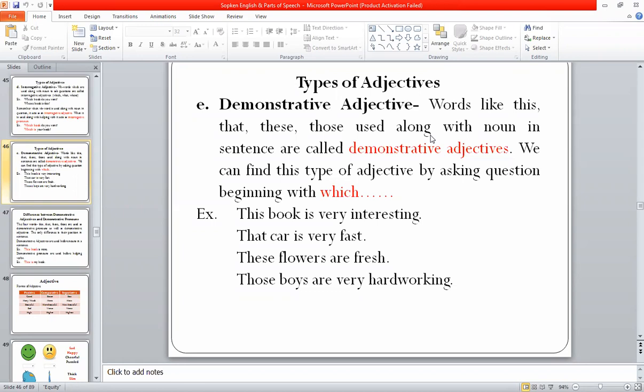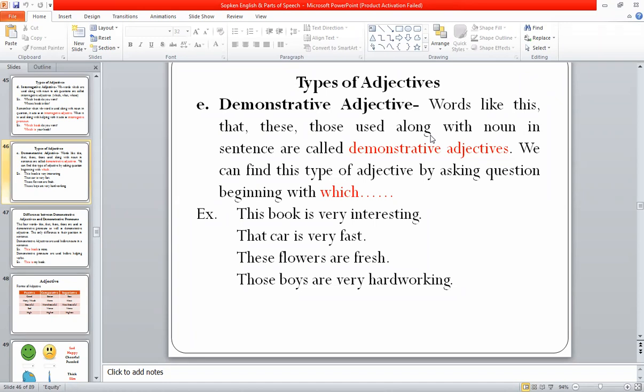It will answer: this book is very interesting. So this is the demonstrative adjective. This is the simple trick to find the demonstrative adjective.